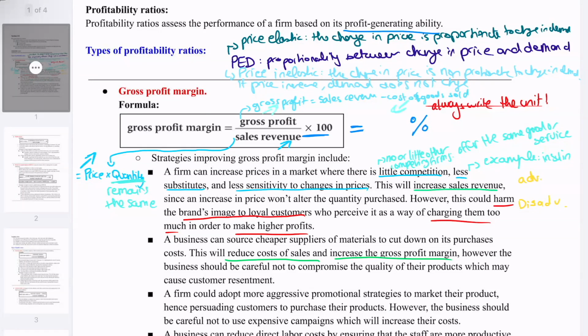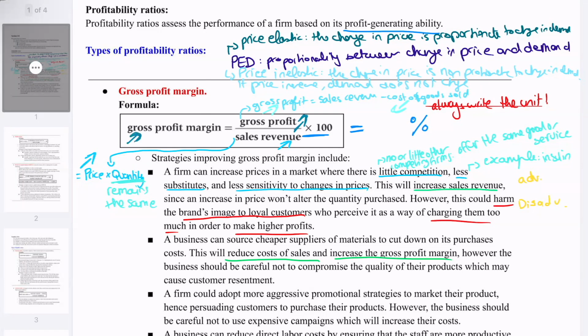Okay, this is how it really works. An increase in gross profit will cause an increase in gross profit margin.